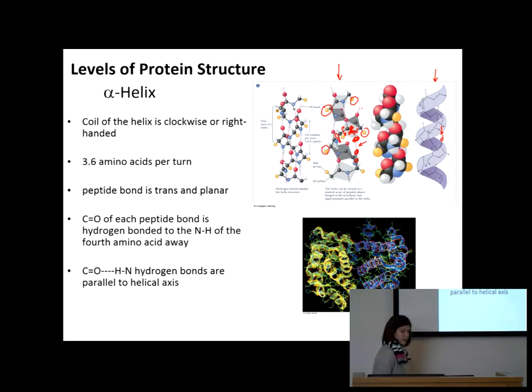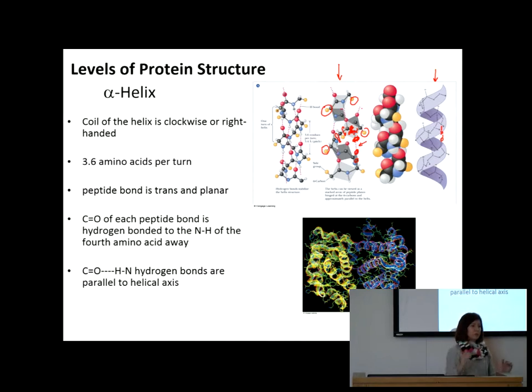Now, it is interesting that this hydrogen and this oxygen are hydrogen bonding 4 amino acids away. I'm not going to test you on that, but there's 4 amino acids for our alpha helix. I do want you to know that if you imagine your spiral staircase, the hydrogen bonds go the same way that your staircase is moving.